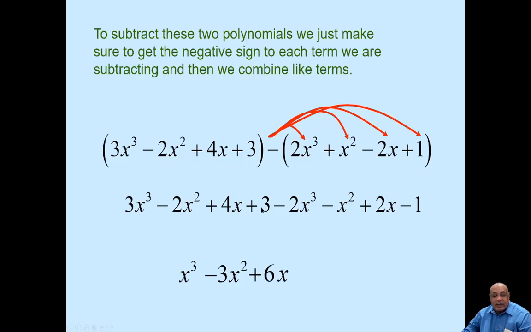Next one, I have plus 3 minus 1, which is going to be a plus 2. And that is our final answer in that case.